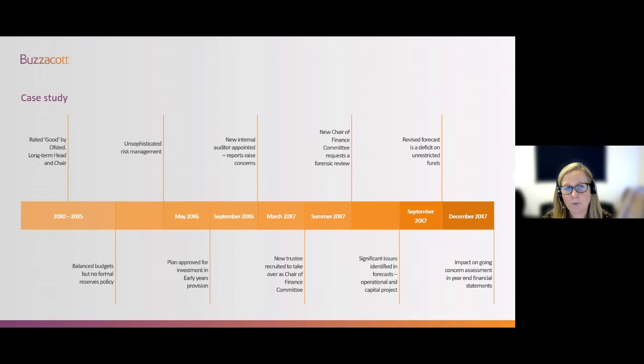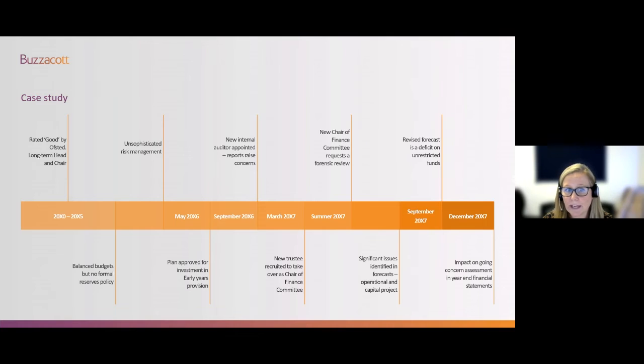So this goes underway, and as a result of that, there are some significant findings coming out of that forensic review. With regards to capital projects, this is running quite significantly over budget, and what has been happening is that the cash flow for this additional spend has been taken from unrestricted funds.